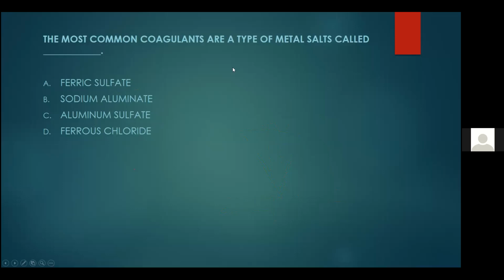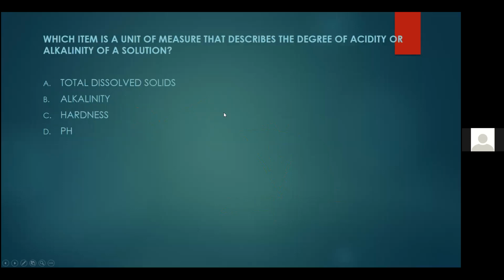Perfect. This is going to be C. Aluminum sulfate, also called alum, is the most common. Here's which unit of measure describes the degree of acidity or alkalinity of a solution?